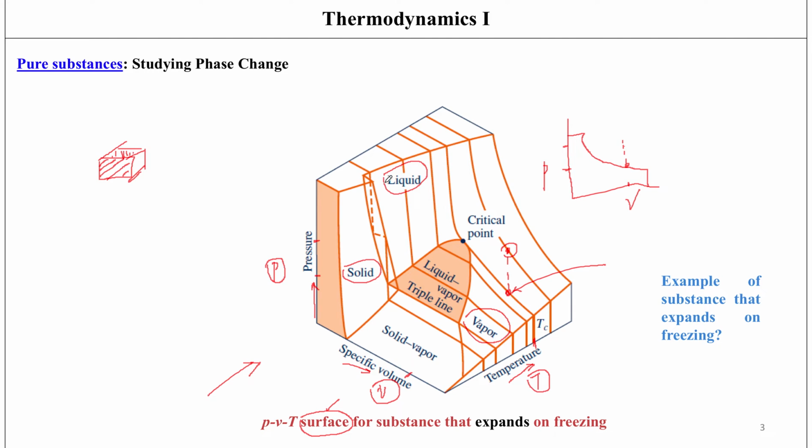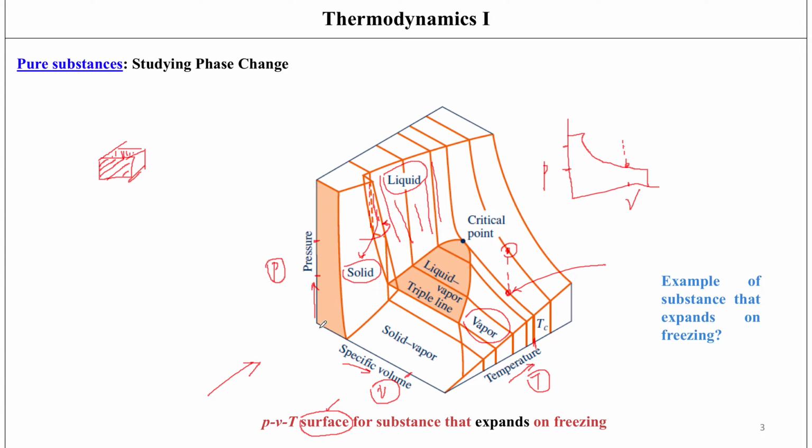If I look at this liquid region, what I see is that this is very steep. It's kind of vertical. So I'm talking about this region. This is the liquid region, and you also notice this dotted line here. This is behind this face, this solid face. So it's somewhere in the back, okay? This is the liquid region as well, in the back of this solid region. If you go around this and look at it from this side, you will be able to see this phase of the liquid.